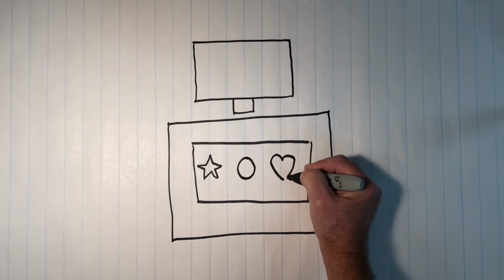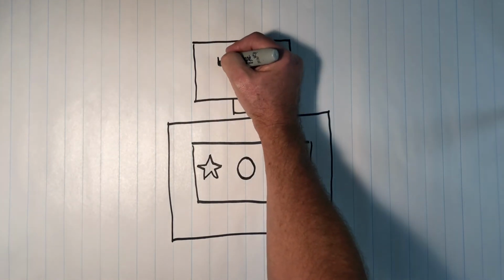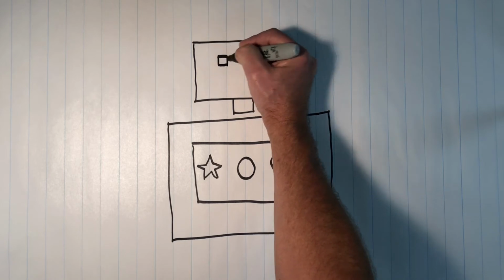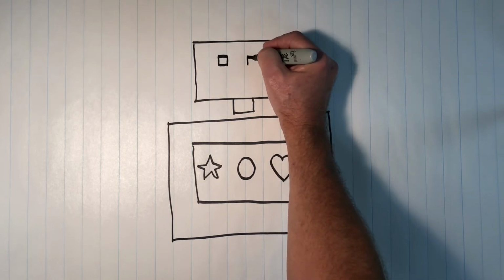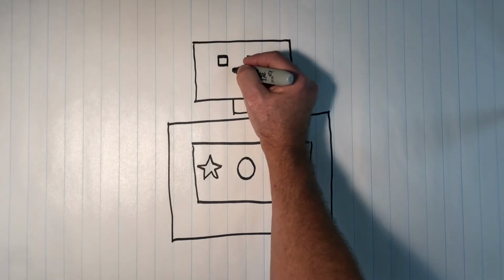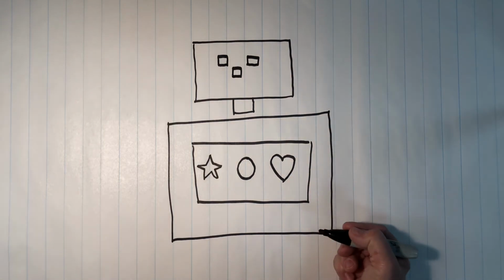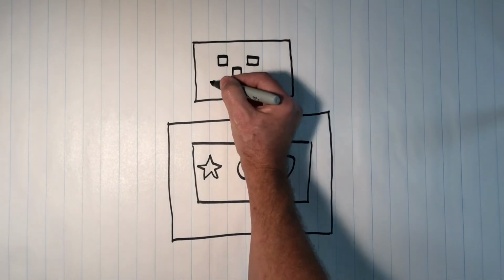And a heart is also a geometric shape. I'm going to draw rectangles for eyes. I'm going to draw a rectangle for the nose, or maybe that looks a little bit more like a square.